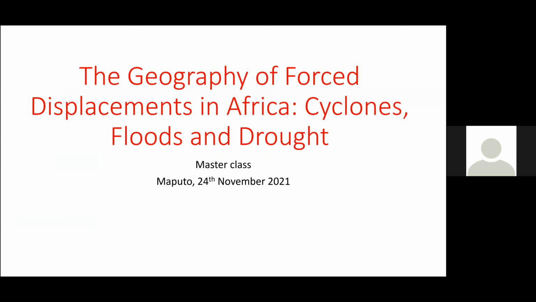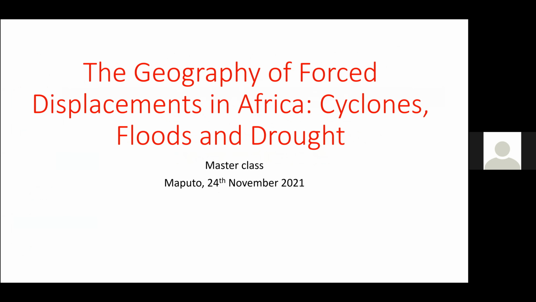Of course, I will focus more on natural disasters, but we also have other factors that are contributing to displacement. From Cairo to Cape Town, we have these kinds of problems. Large numbers of people, populations, have been displaced because of these events.